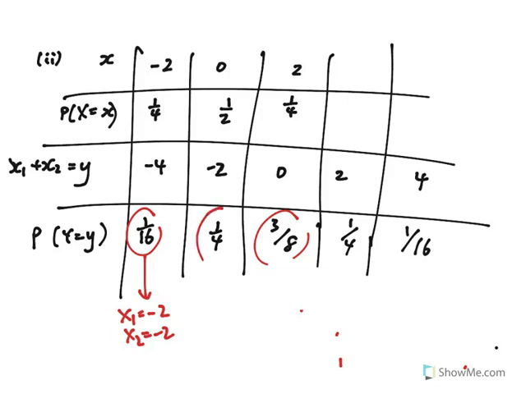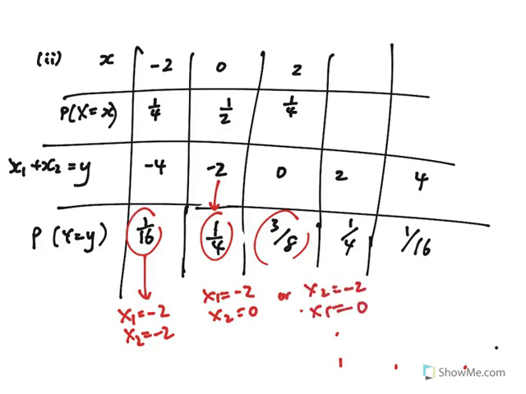So the probability of me getting -2 would mean that X1 equals -2 and X2 equals 0, or X2 equals -2 and X1 equals 0, correct?